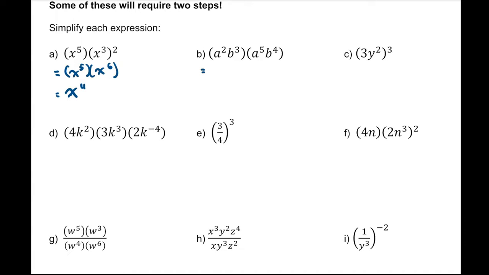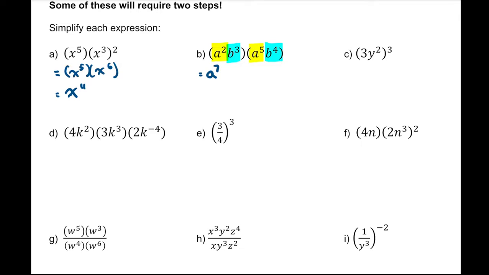So I'm going to focus on the a's, because they have the same base, and I'll focus on the b's second, because again, they have the same base. So a squared times a to the power of 5. This rule is, when I multiply powers, I have to add exponents, so this becomes a to the power of 7.